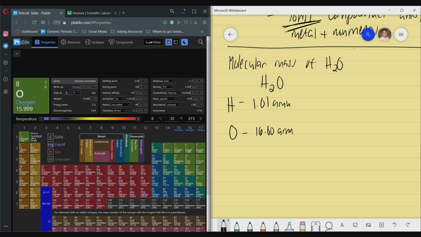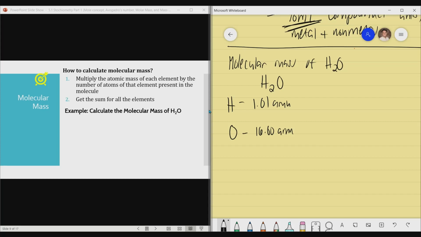The next step is multiplying each atomic mass by their respective subscripts or number of atoms. For hydrogen you have here the subscript 2, so I will put here times 2. And oxygen, if it doesn't have any subscript, that will automatically be 1.